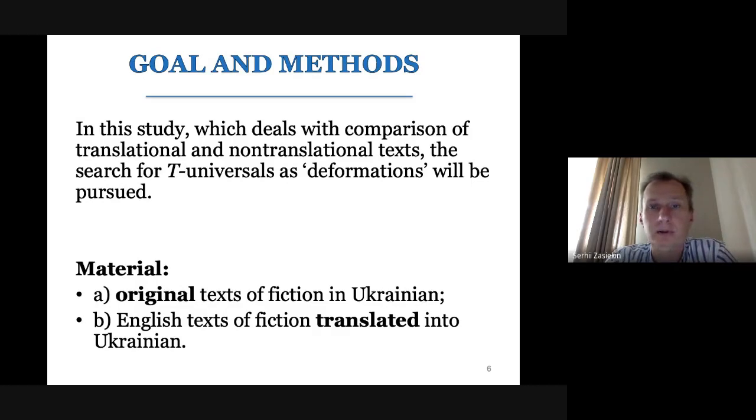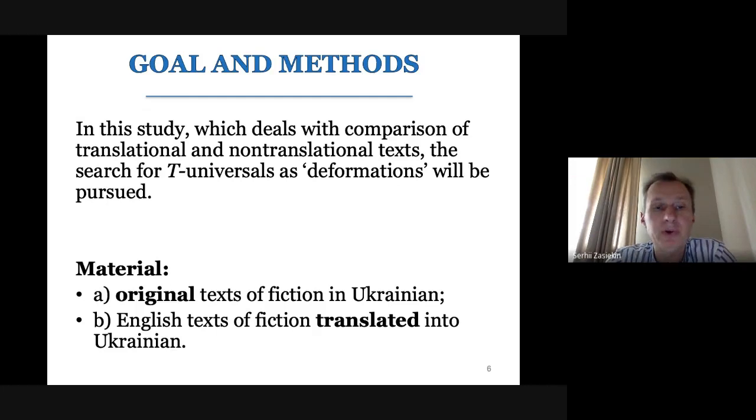The main goal of our study was to compare the translational and non-translational texts. So, as you see, the search for T universals as deformations was the main goal of our endeavor.